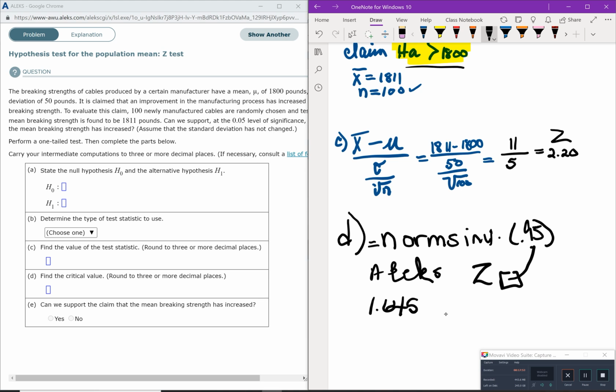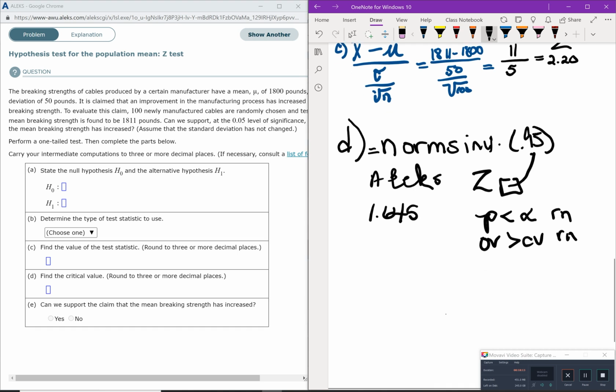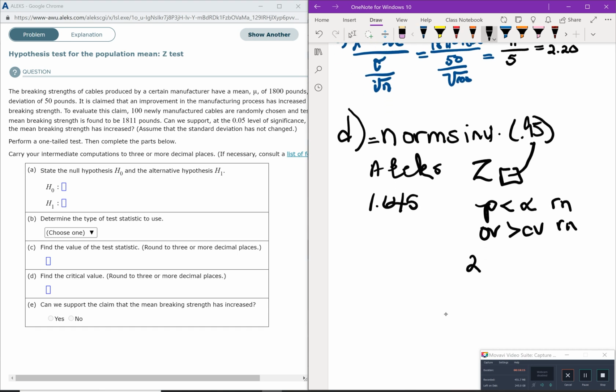And so remember, there's two things to keep in mind here. First of all, if P is less than alpha, you're going to reject the null. We don't have P and alpha here. We have the OV. If the OV is greater than the CV, we're going to reject the null. And so remember, in this case, your OV is 2.20. That is greater than 1.645. So we're going to reject the null.